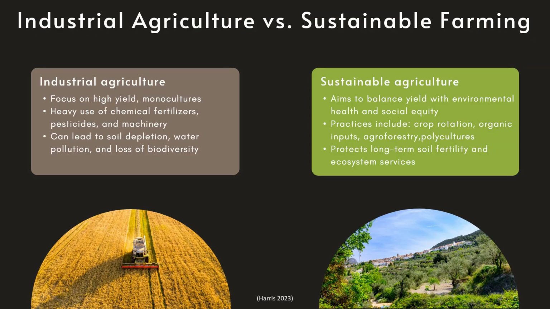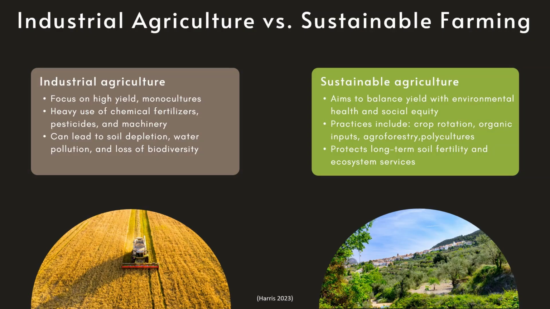Sustainable agriculture looks at the harvest of tomorrow while producing the food for today. Its goal is to maintain soil fertility, protect water quality, and support biodiversity, all while remaining economically viable and socially fair.